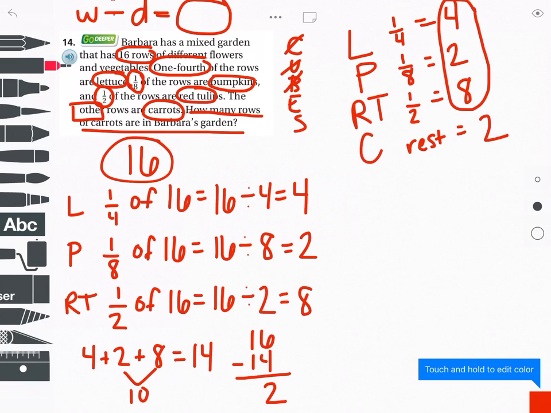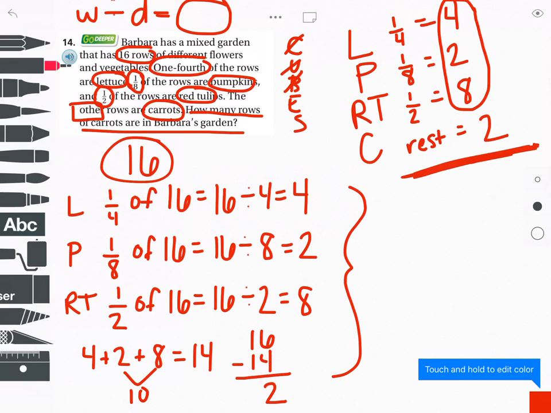So let's check to see if this answer is reasonable. How many rows of carrots are in Barbara's garden? So I think there are 2 rows of carrots in Barbara's garden based on all the steps that I did here. But I can check to see if my answer is reasonable because all of the rows of all the vegetables and flowers should add up to 16 because there's 16 total rows.